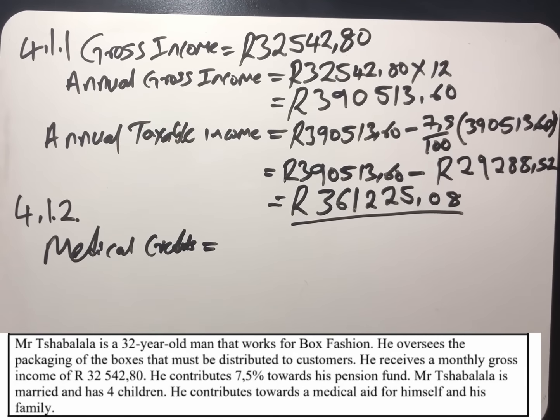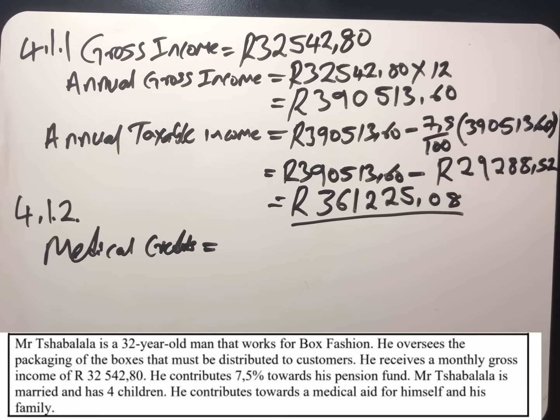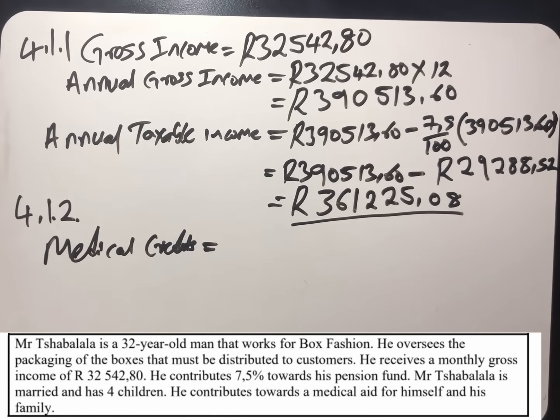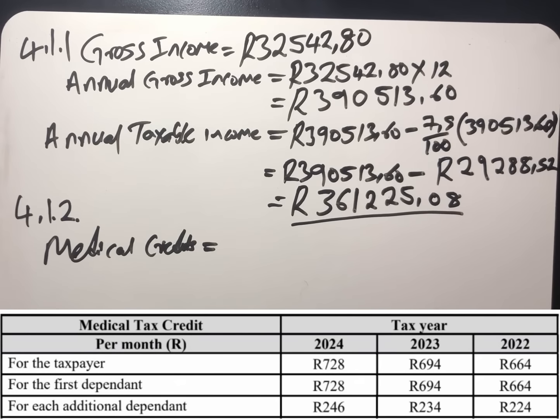We know that there are 6 people. The first 2 people will pay R728 plus R728, using the 2024 medical credit.